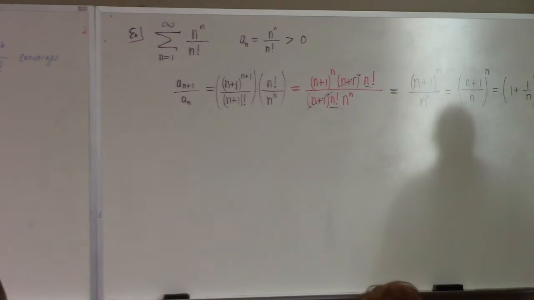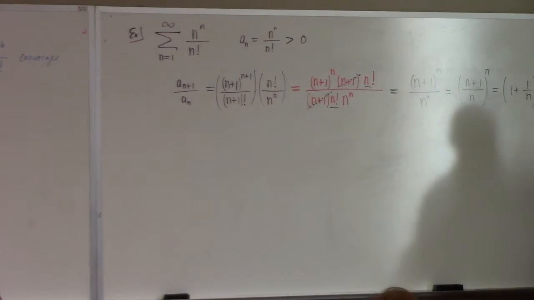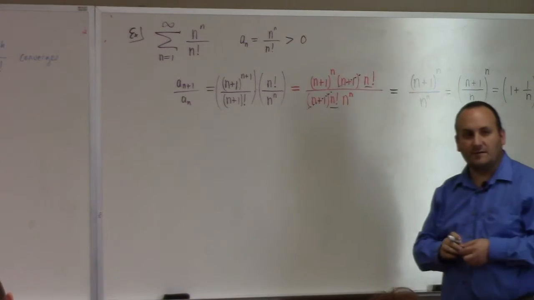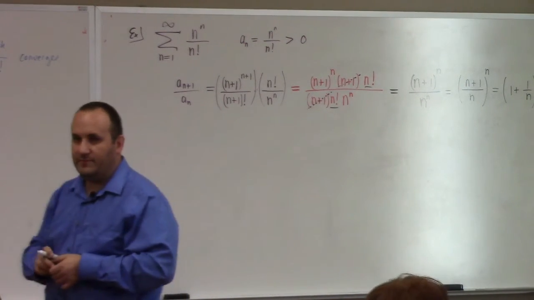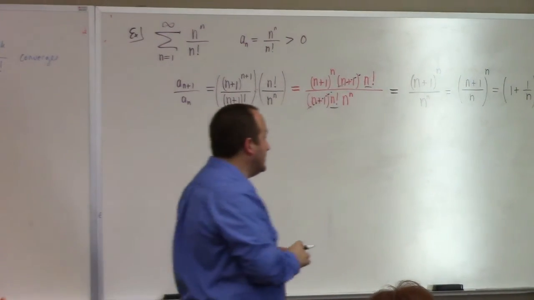Well, that looks familiar. We know what that does. That goes to e. We've worked this out before as n goes to infinity, right? E is 2.71, blah, blah, blah. The point is it's a number, it's larger than 1, right?